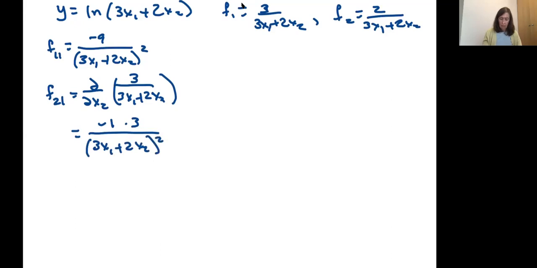Just keeping my 3 constant here, doing my power rule here, and now I need to have the derivative of the inside, but because we're differentiating with respect to x2, it's the derivative of the inside with respect to x2, and that is times 2. Okay, so it's this derivative of the expression inside the parentheses there, and that is negative 6 over 3x1 plus 2x2 squared.